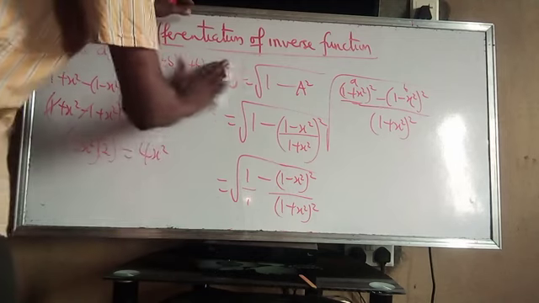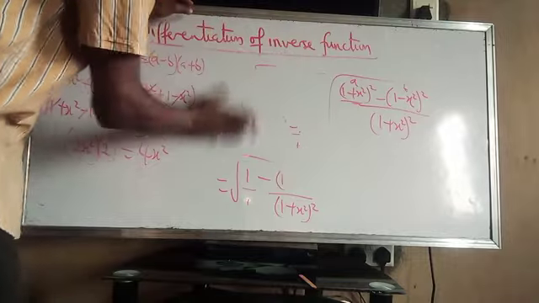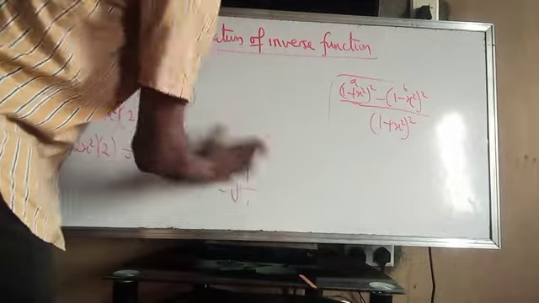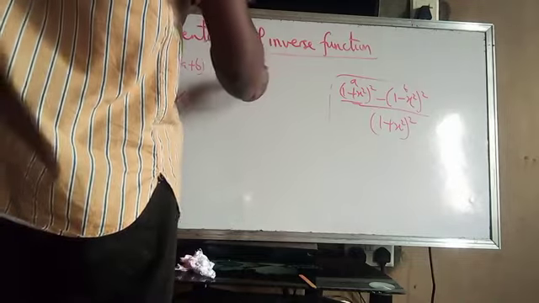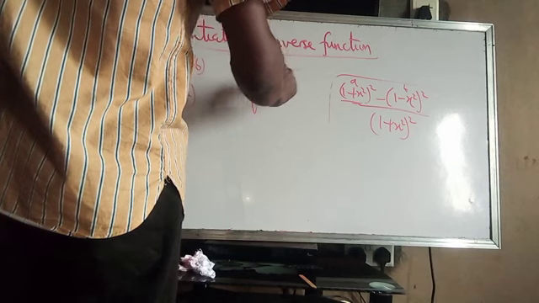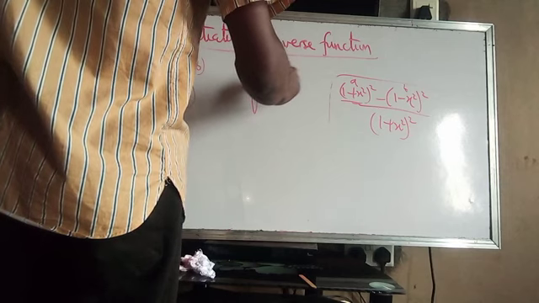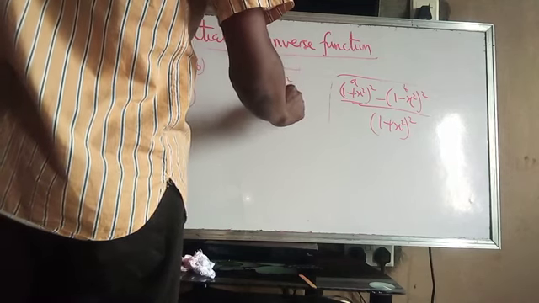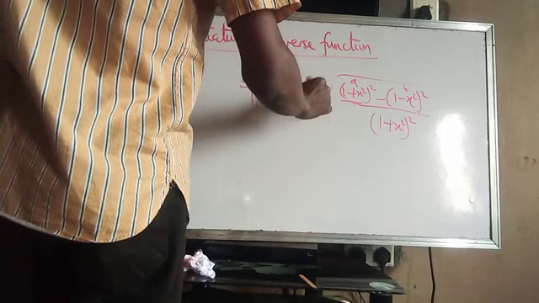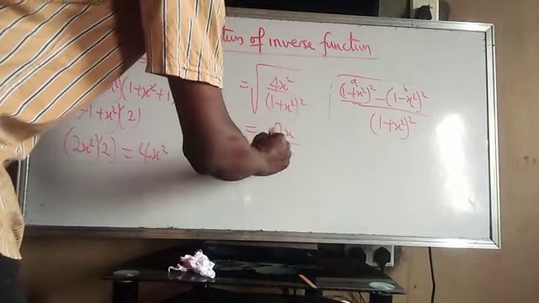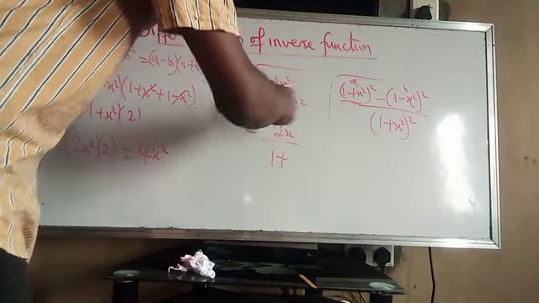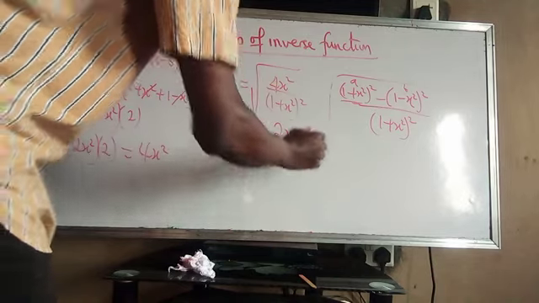It's long but it's simple. Take your time, you'll get it. That means this one is now the square root of 4x squared all over 1 plus x squared squared. And this one will be 2x all over 1 plus x squared, because we are finding the square root of both sides.